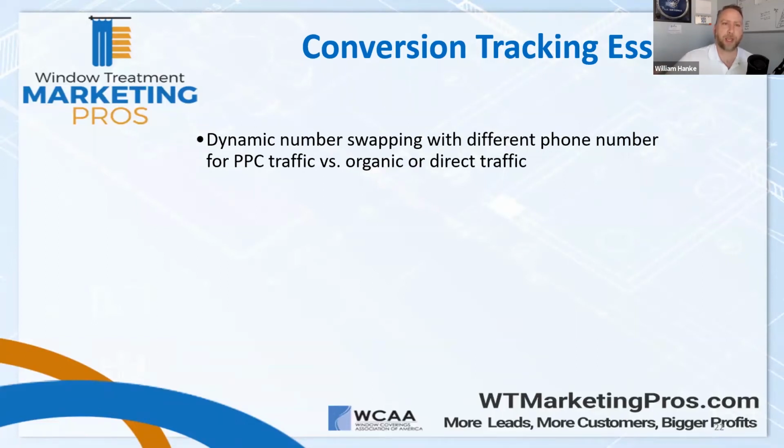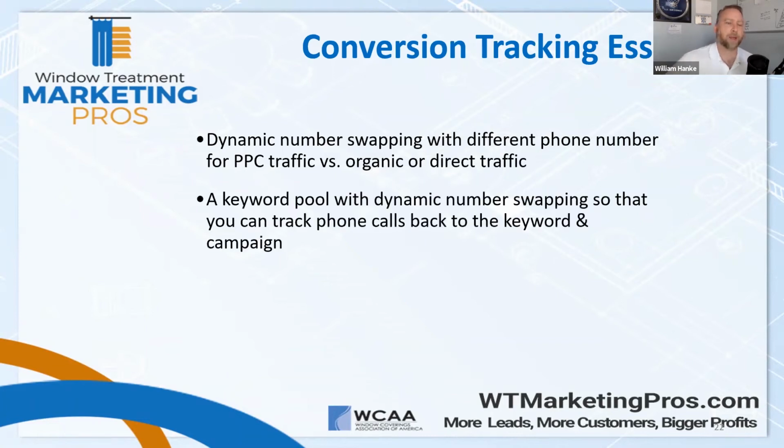So if that person came from an organic SEO related thing, you show one phone number. If they came from a pay-per-click ad, you show a different phone number. And the reason for that is that way it's trackable. If they pick up the phone and dial the number that they see and they're a pay-per-click visitor, you can attribute that phone call back to a specific ad, which is incredible, right? I mean, that's great to have all that kind of data. So having that dynamic number swapping in place is great.